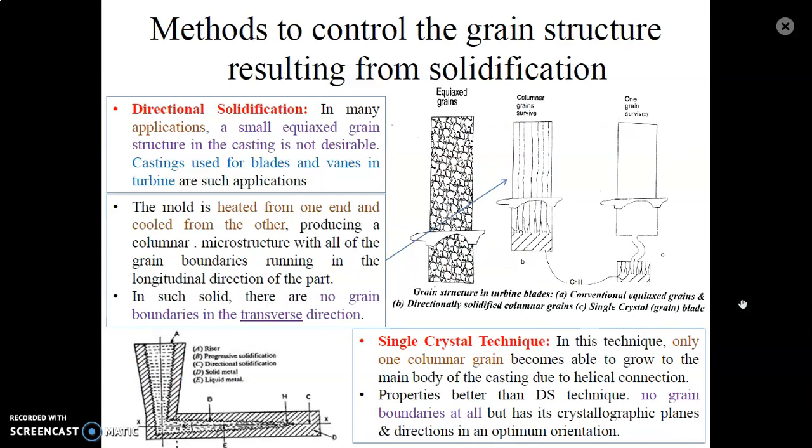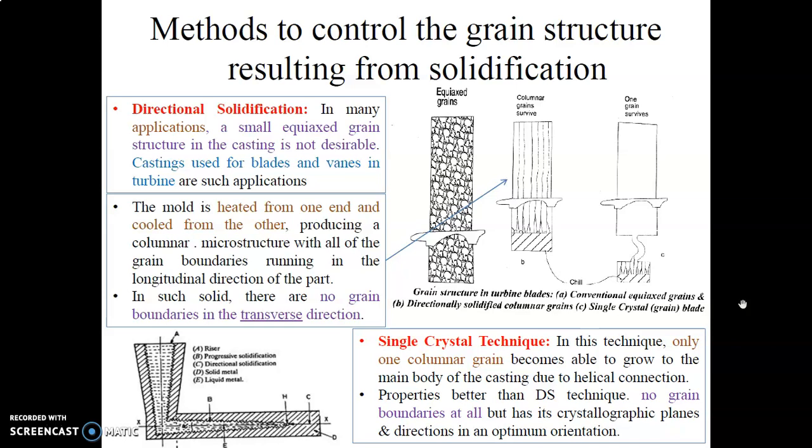So here, directional solidification: in many applications a small equiaxed grain structure in the casting is not desired. So casting is used for the blades and vanes in the turbine. So here we can see, as per your application, suppose you want to place your component in a certain direction, equiaxed is not required, because it is uniform in each and every direction.